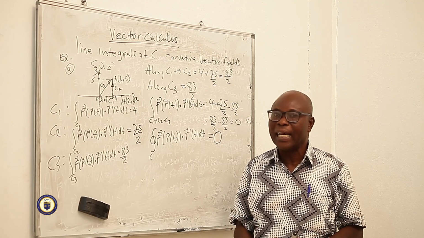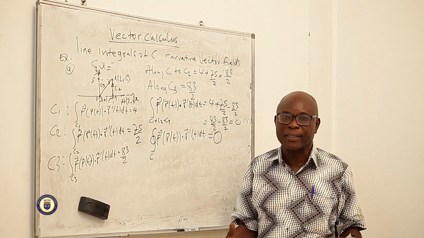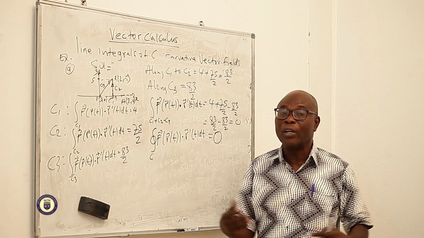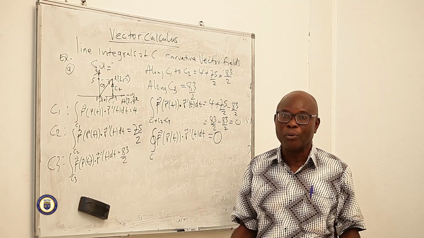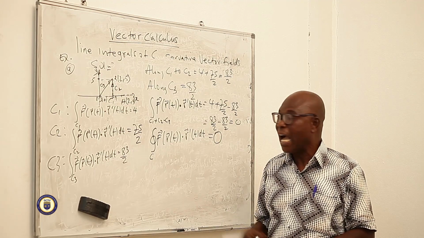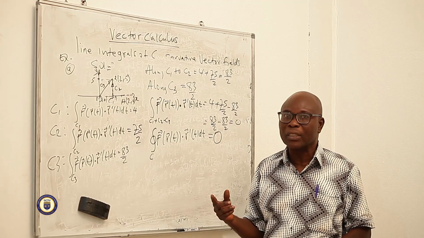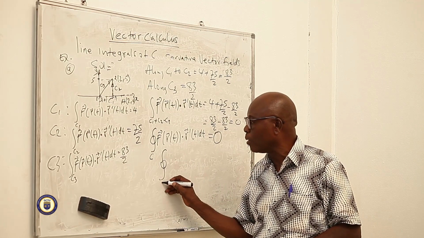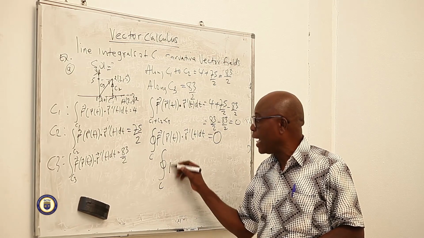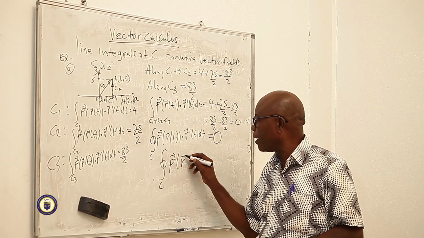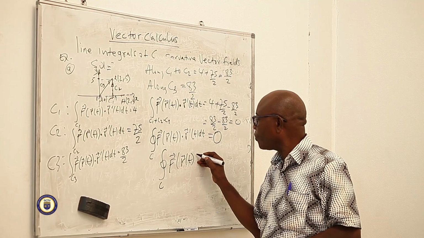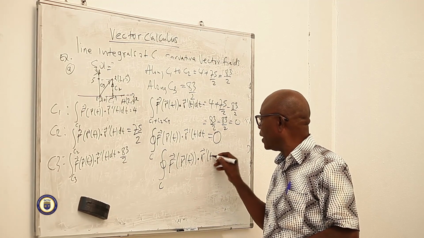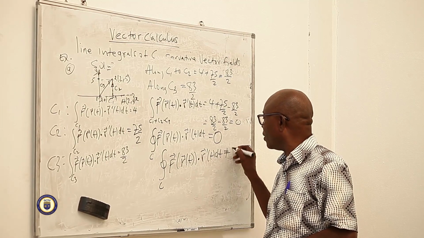So if you have found a line integral along any closed path, and F is a conservative vector field, then your integration obviously will give you an answer of 0. However, if F is not a conservative vector field, then the integral around the closed path, F of r of t dot r prime of t dt, will never be equal to 0.